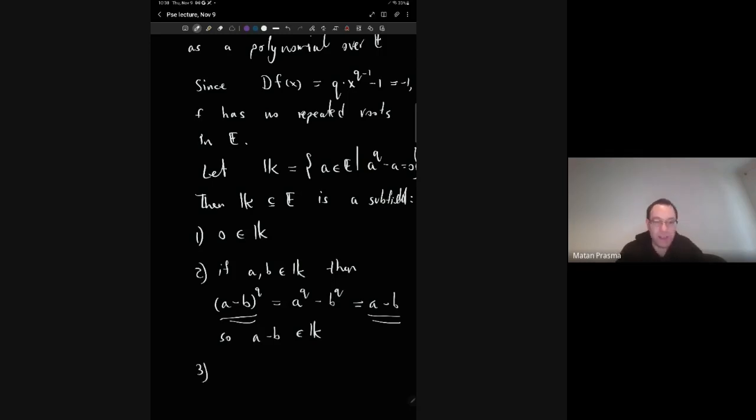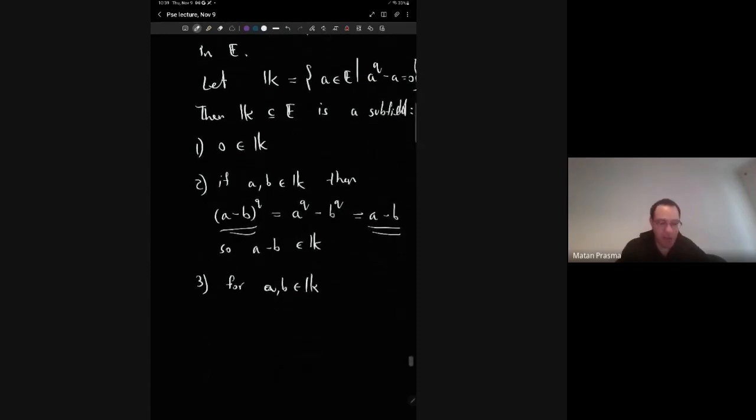And similarly, I can check in one go that it is closed under multiplication and under multiplicative inverse. And that I do with the following. I take some a and b in K. Let's say b is non-zero, and I do a times b to the minus 1.